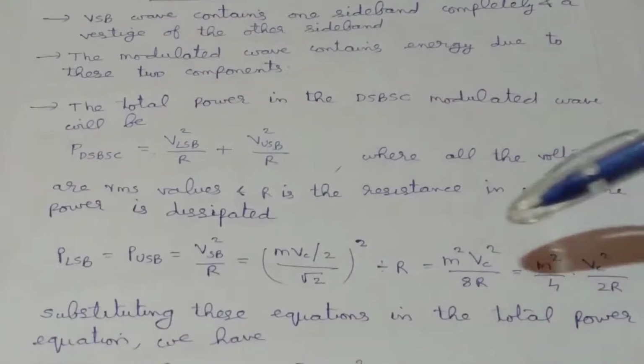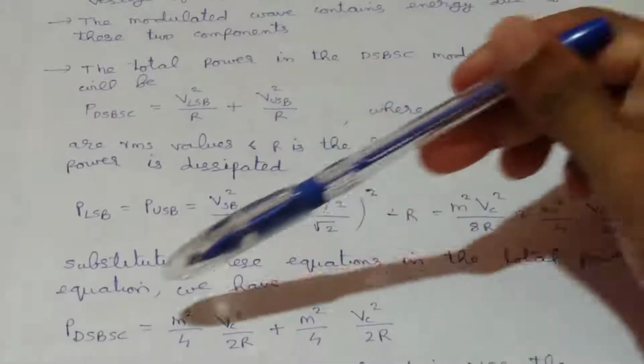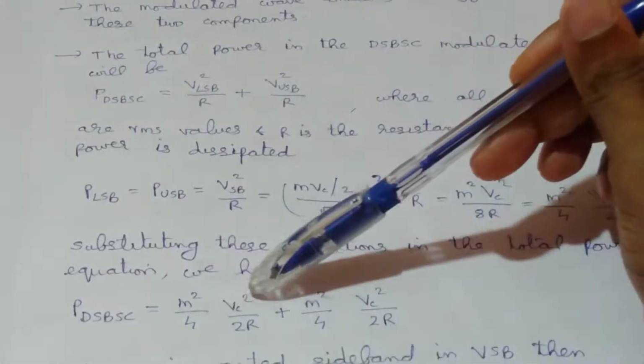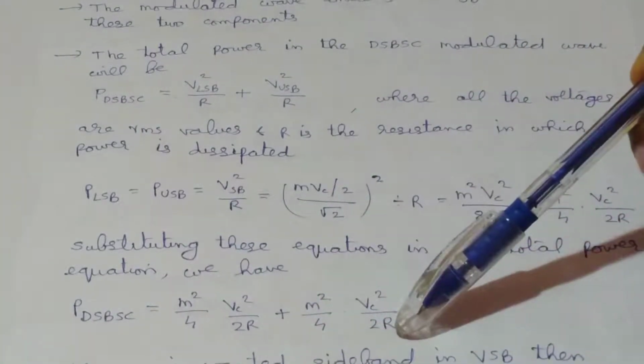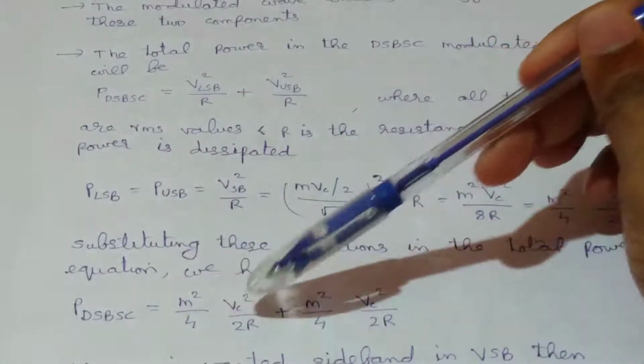Then substituting these equations in the total power equation, we have P DSB SC is equal to M square by 4 into Vc square by 2R plus M square by 4 into Vc square by 2R. Or we can write P DSB SC is equal to M square by 4 into Pc plus M square by 4 into Pc.